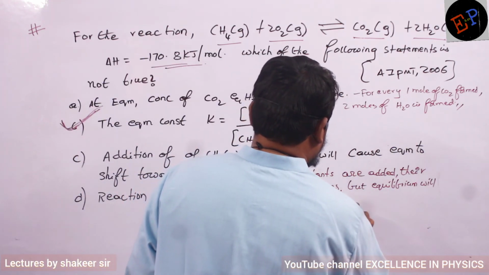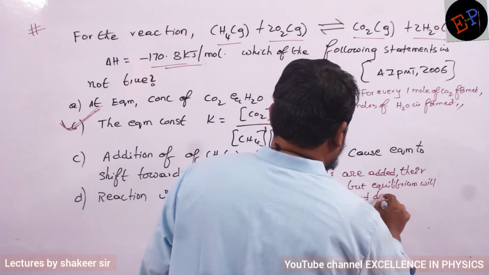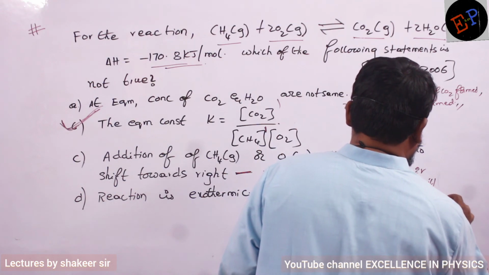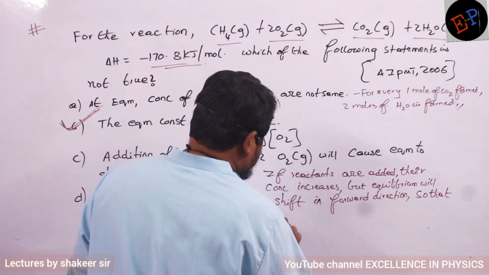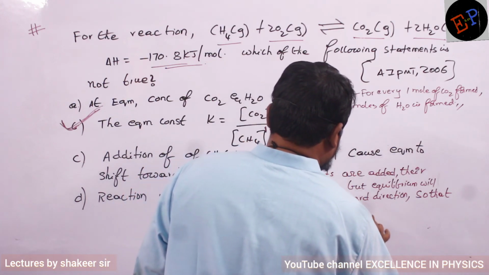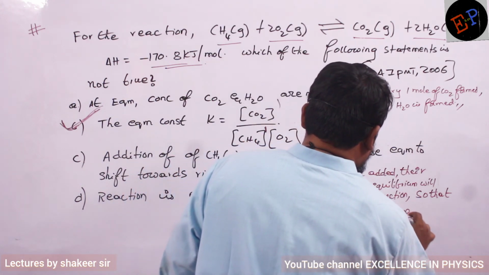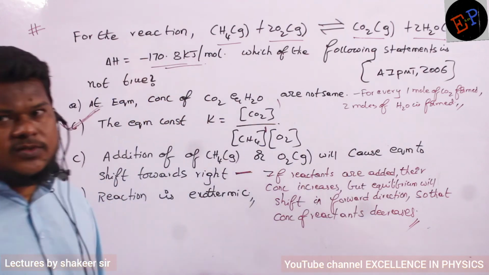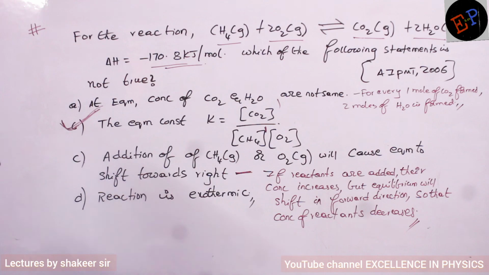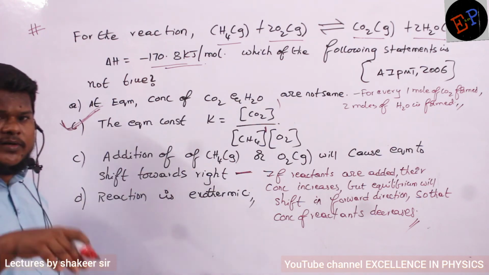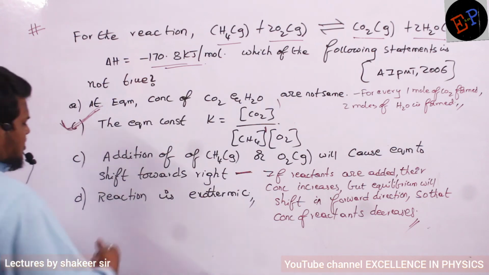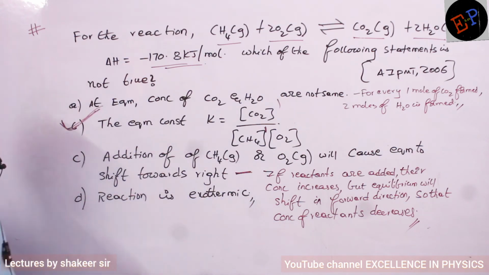It should shift in forward direction, okay, ma? So that concentration of reactants decreases, because equilibrium always shifts to reduce that change, no? So reaction must proceed in the forward direction so that concentration of the reactants reduces and concentration of products will increase. Okay, the reaction is exothermic, so definitely this is an exothermic reaction. That's it.